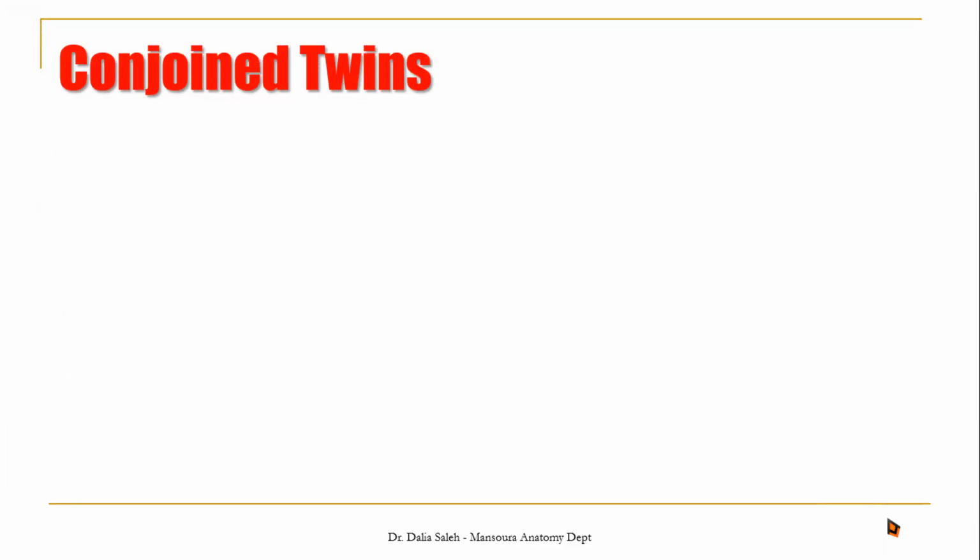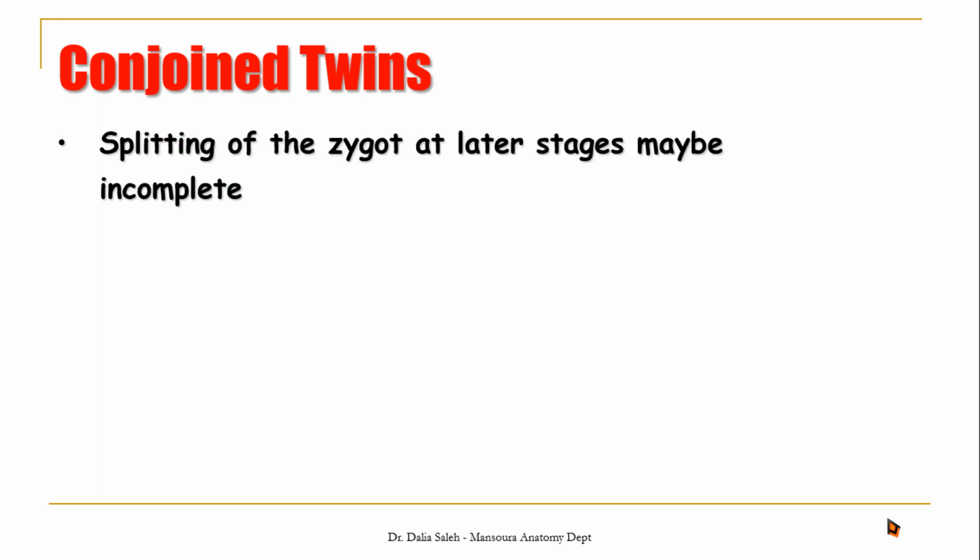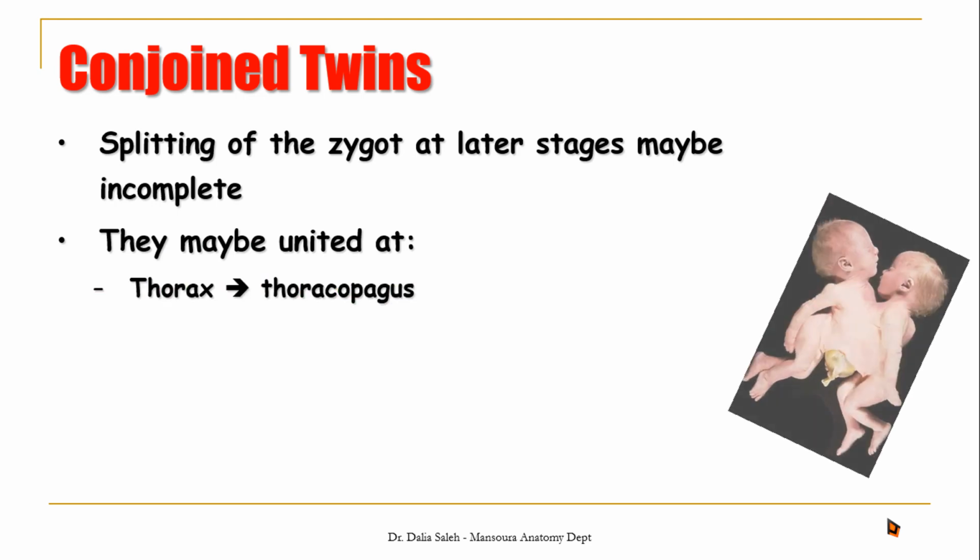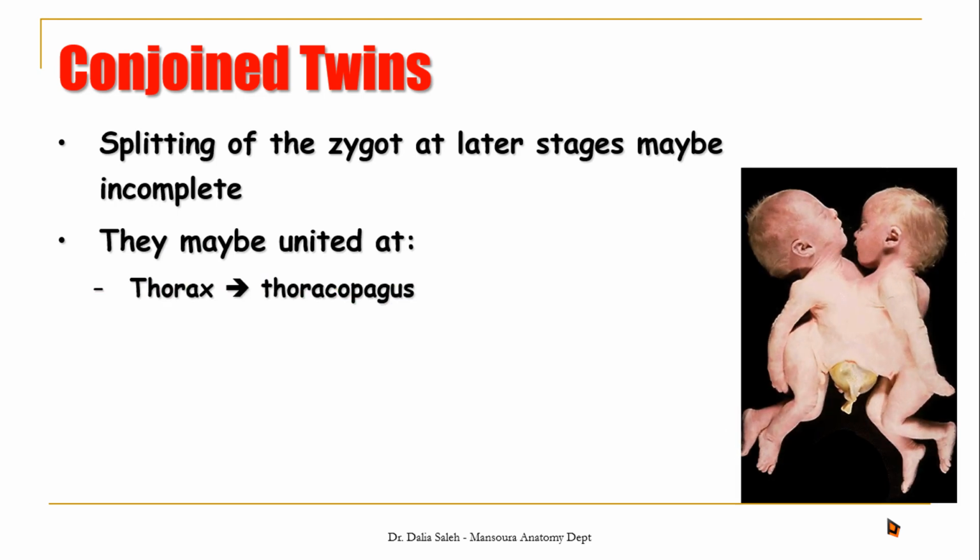Another type of twins is called conjoined twins. This occurs when there is a splitting of the zygote at late stages, and this separation may be incomplete. So the resulting embryos are united and they share the same organs.